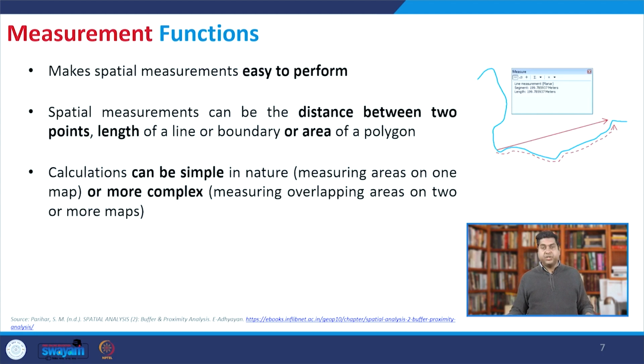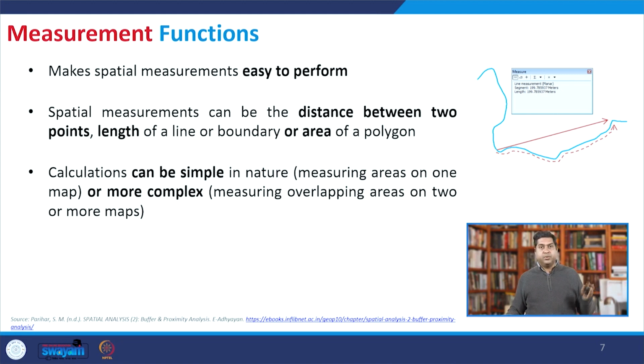Now the measurement function in GIS. Because it is in vector, when you fetch your information, or you have a shape file, which is an extension used for spatial maps, you need to first geolocate it properly. There are different world coordinate systems.